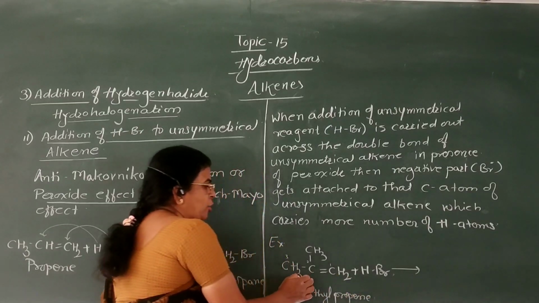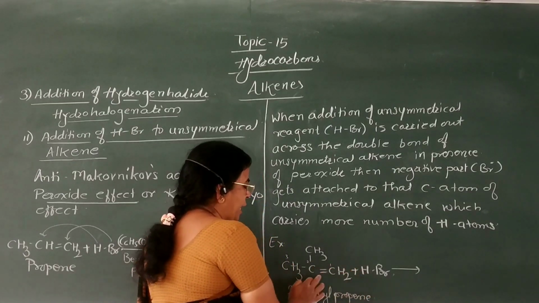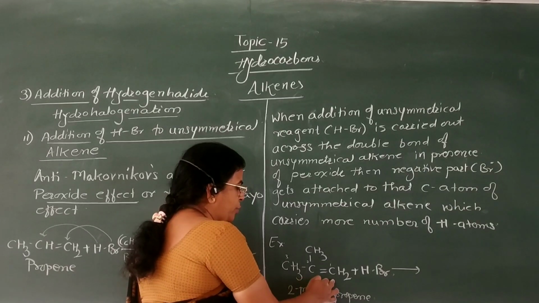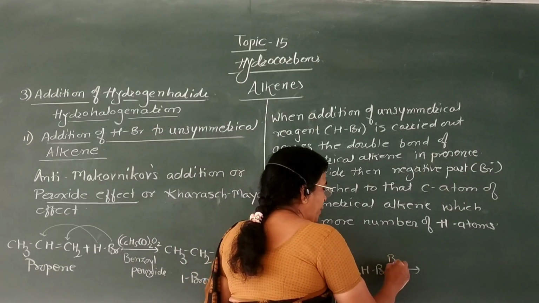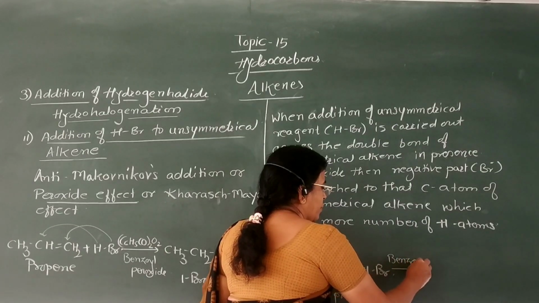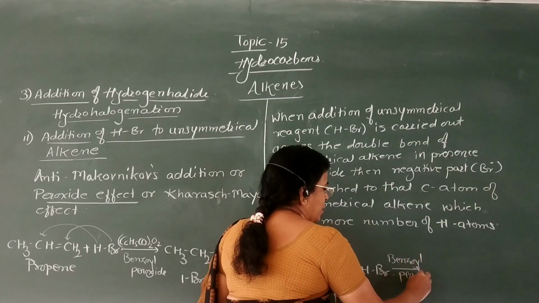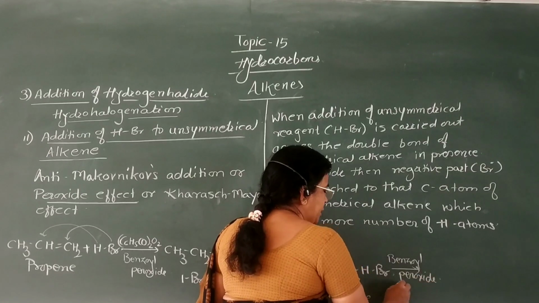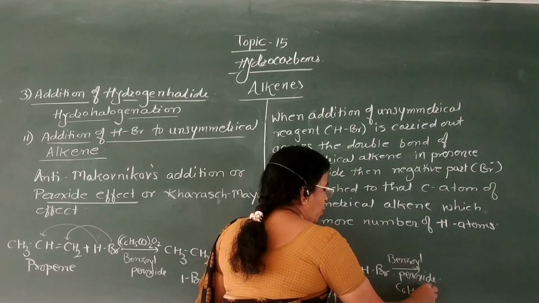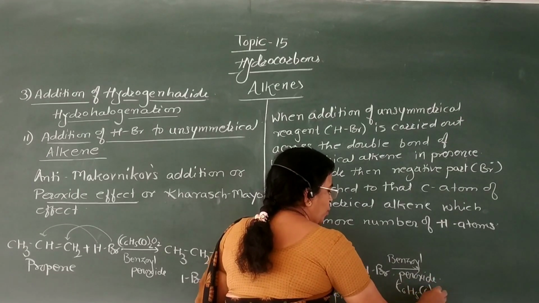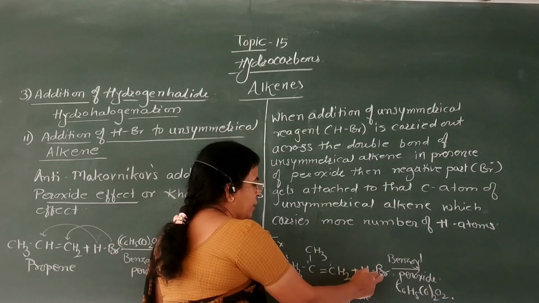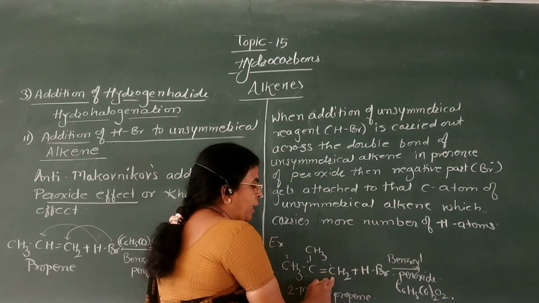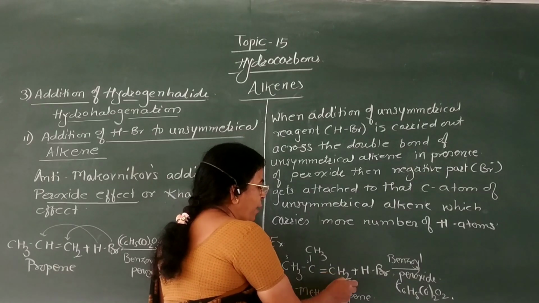And when addition of this HBr is carried out across the double bond of this alkene in presence of benzoyl peroxide, that is (C6H5CO)2O2, then the negative part goes to that carbon atom of the alkene which has more number of hydrogen atoms.